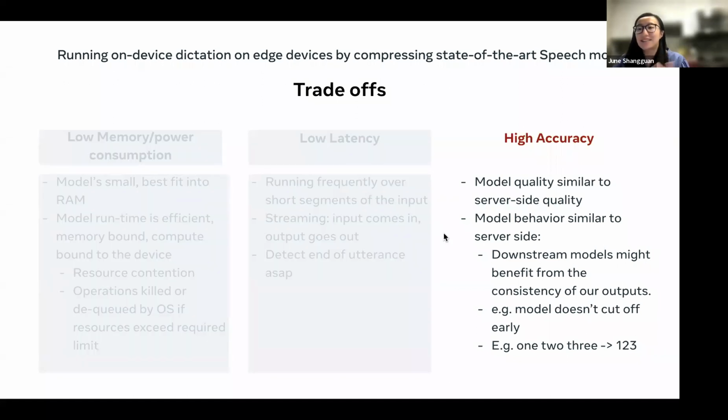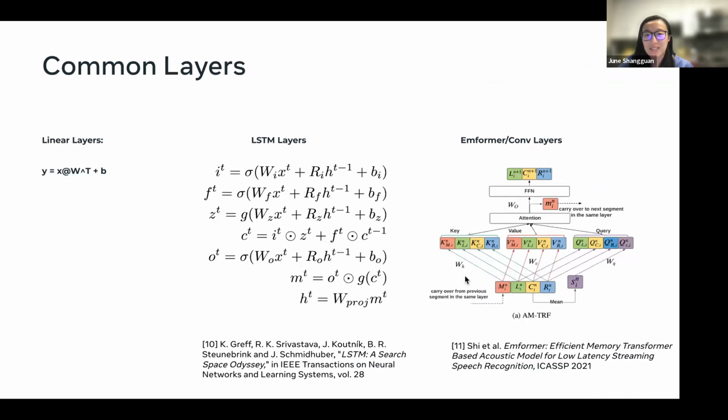Let's look at each one. High accuracy is actually the easiest one, in which we basically look into the best model techniques in industry. We started off with linear layers, a super simple model. You can build a lot of MLP models, but because you're running on device, you want to be very compact, so each layer should represent high-level nonlinear information at its most capability.